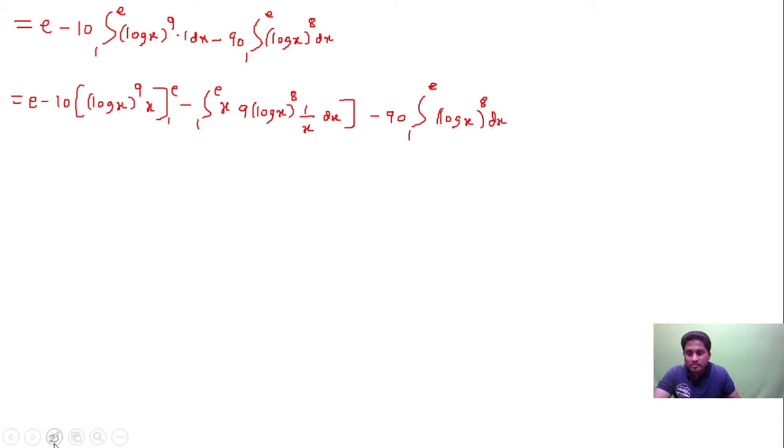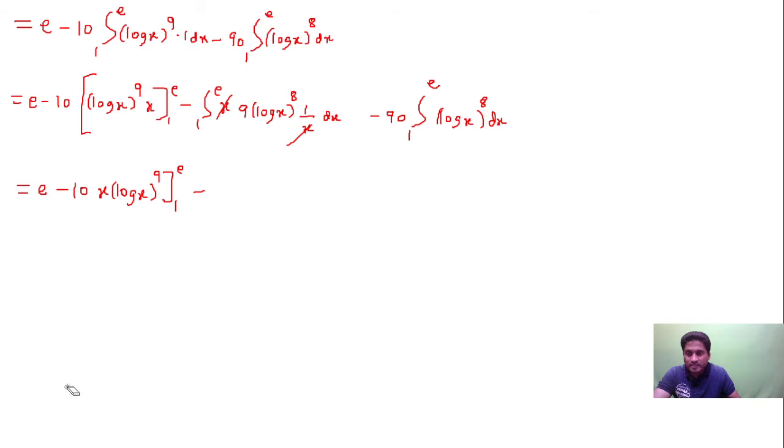Upper limit is e. Now this x will cancel with x. If you open the bracket, you will get e minus 10 times x into (log x)^9 between the limits 1 to e. Again, minus and minus, there's a big bracket here, 10 into, and then we use by parts.